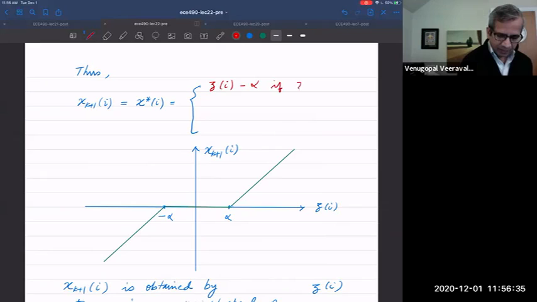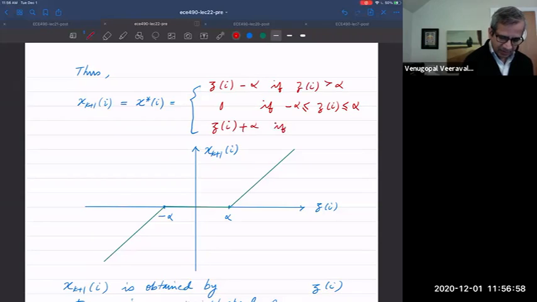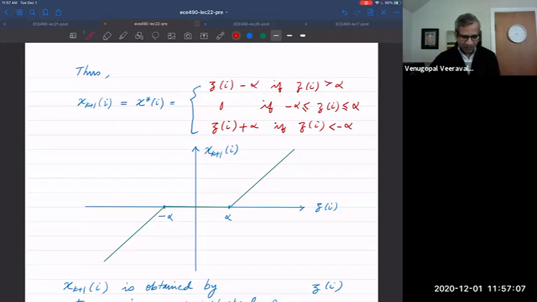It equals zi minus alpha if zi is bigger than alpha, and it's 0 if minus alpha is less than or equal to zi less than or equal to alpha, and it's zi plus alpha if zi is less than minus alpha. Okay, there we go. So what does it look like?